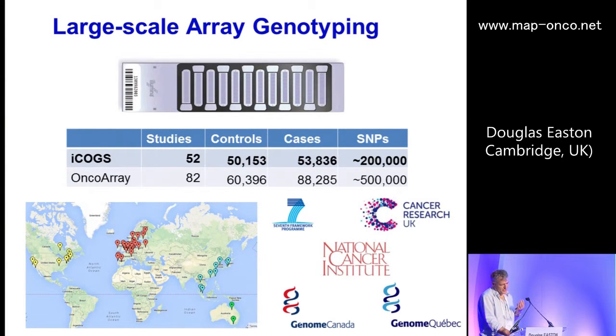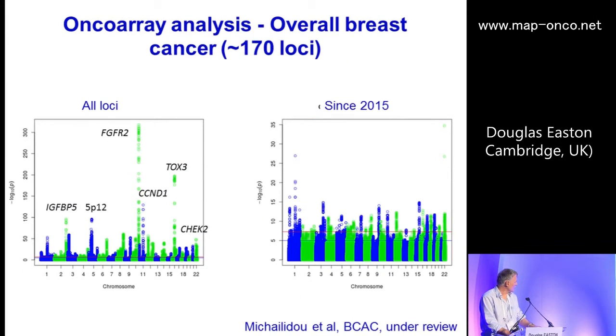And it's necessary to do the studies on this scale because the effect of individual variants is quite small, so you can only really establish them if you do very large studies. This is mainly a collaboration between a number of groups funded by a number of funders, both here in the UK and abroad.